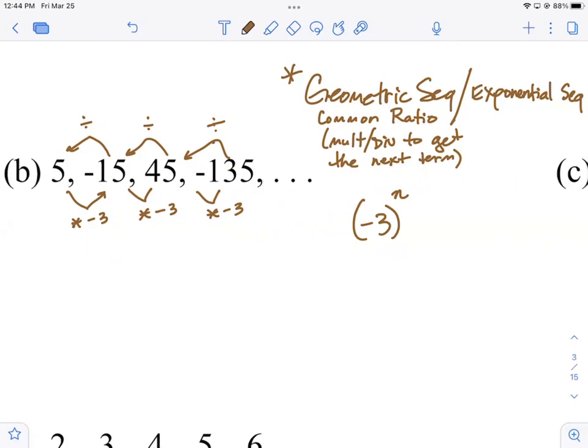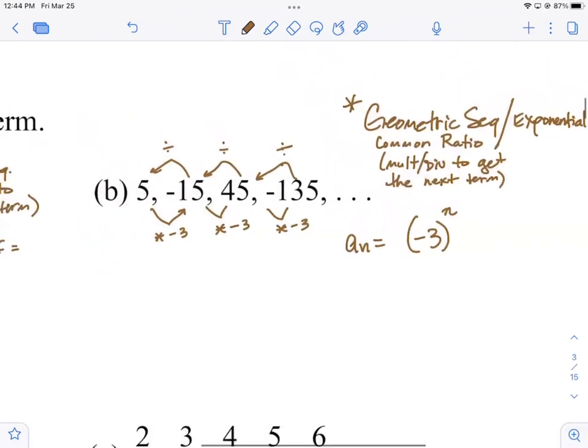It's the square root of negative 3. So if we're talking about domains of all real numbers, can't have a negative base. But hey, what's our domain? Natural numbers, right? 1, 2, 3, 4, 5, 6, 7. And we could do that all day long. So we can actually have negative bases now. So let's say that a sub n equals that, and then do any adjustments if we need it. When n is 1, we get 9.